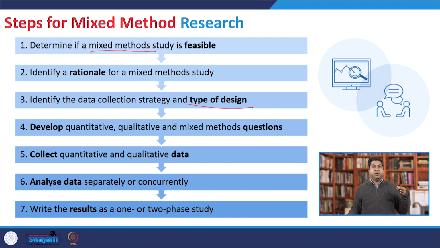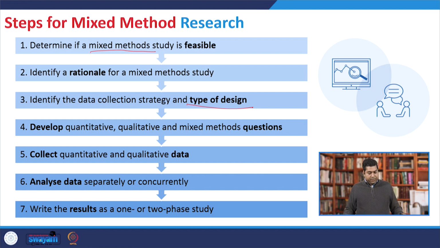It can be a very structured questionnaire which can pick up some primary data for quantitative analysis, or some open ended interview data which you can use for a qualitative approach. So once you decide what kind of method you are going to adopt, accordingly you also identify the data collection strategy.